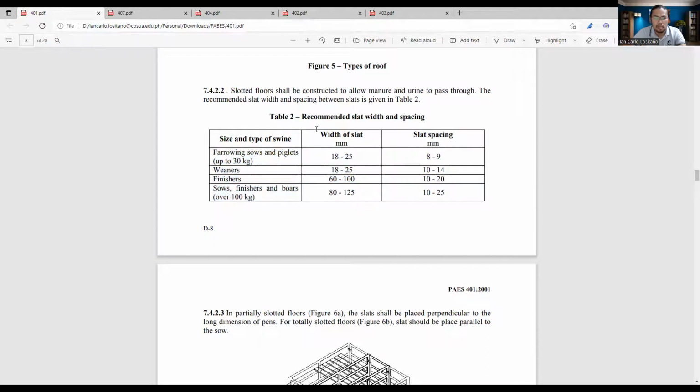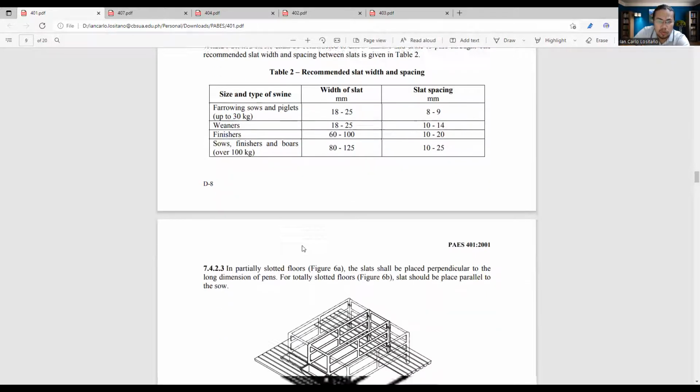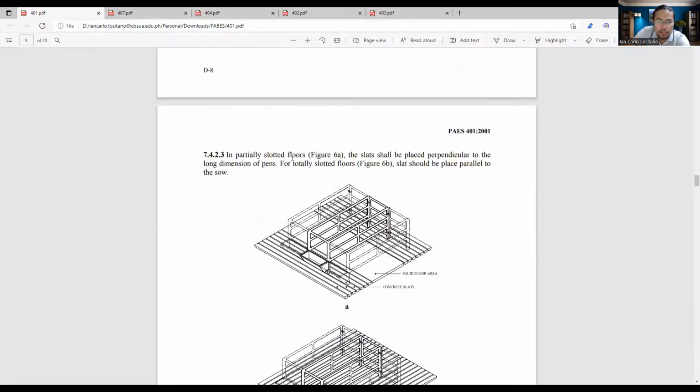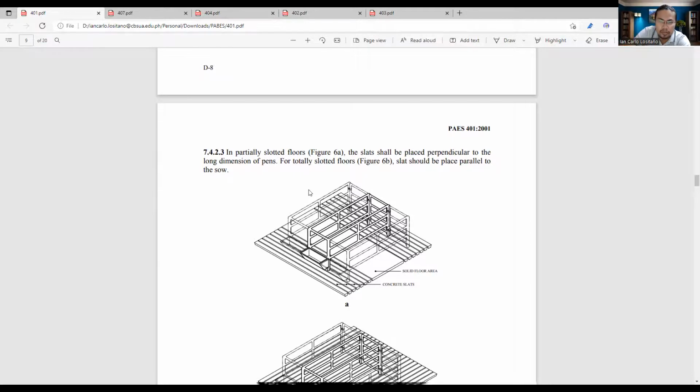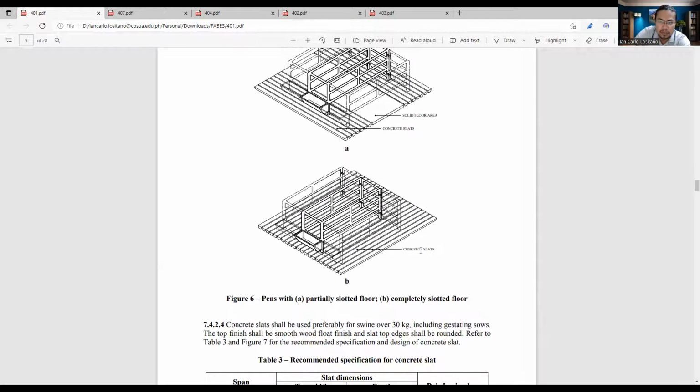So this has to be referred to because this is as required by 7.4.2.2. In partially slatted floors, the slat shall be placed perpendicular to the long dimensions of the pens. But for totally slatted floors, slat should be placed parallel to the sow. This is for a totally slatted floor.